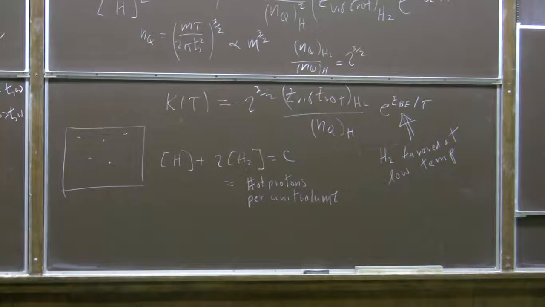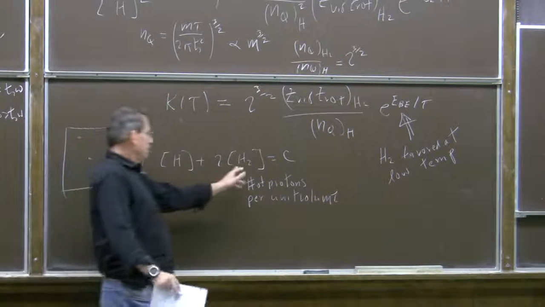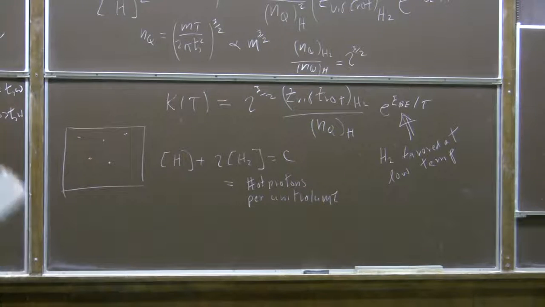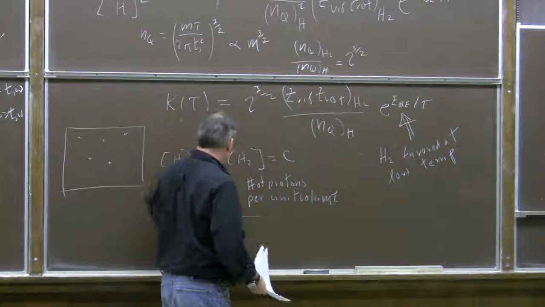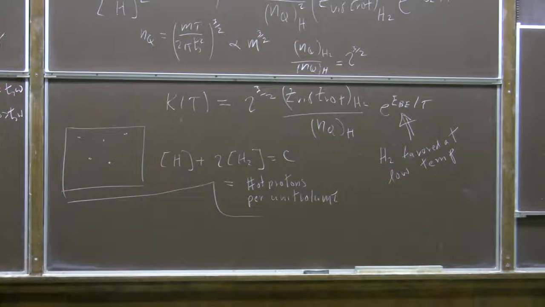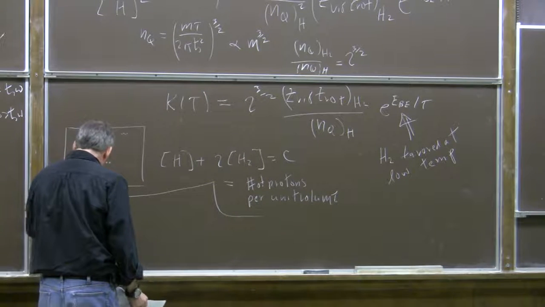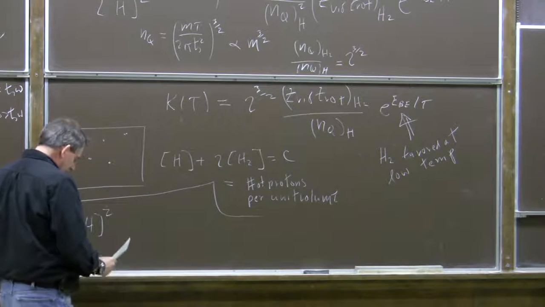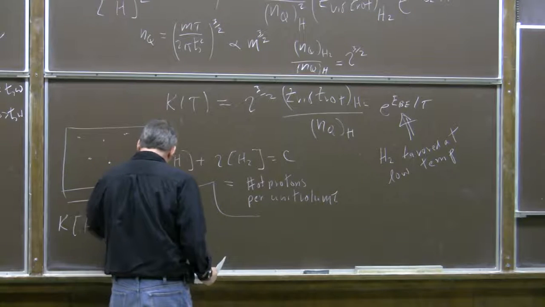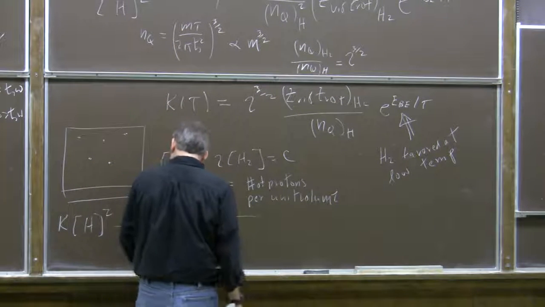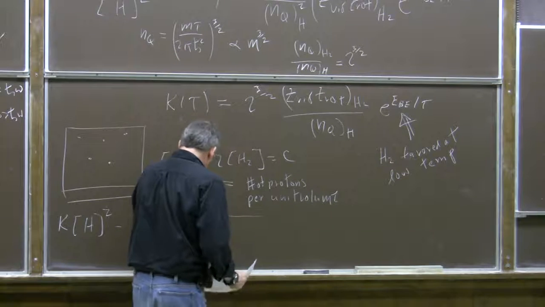And so I have a set of simultaneous equations for H and H2 concentration, the law of mass action, and this equation, which I can solve simultaneously. It becomes just a quadratic equation for H if I eliminate H2. Because the law of mass action says that our constant K times the concentration of hydrogen atoms squared minus the concentration of hydrogen molecules is equal to 0.